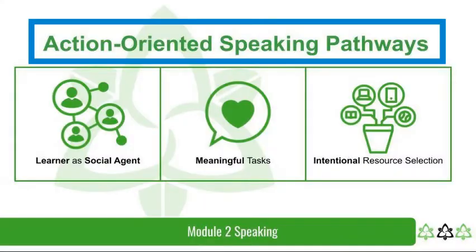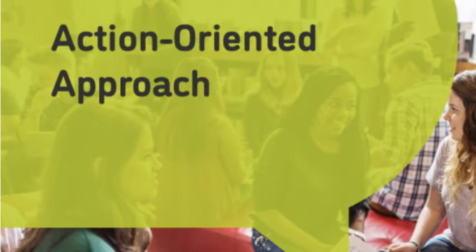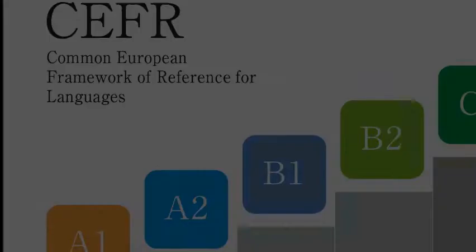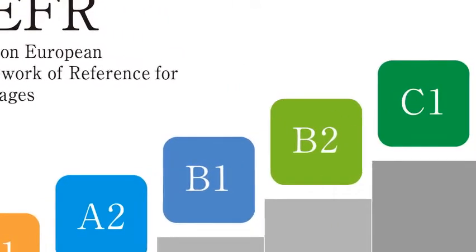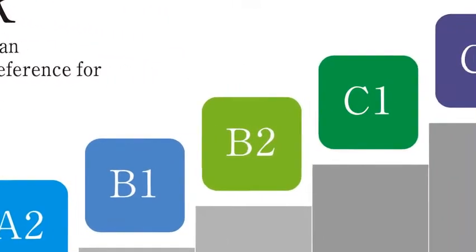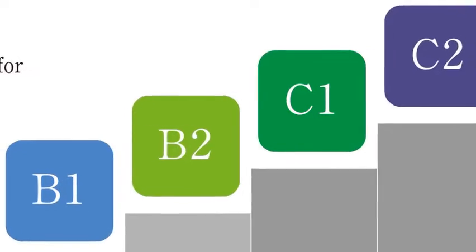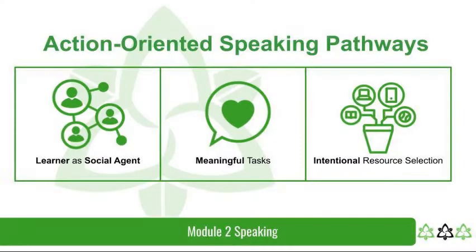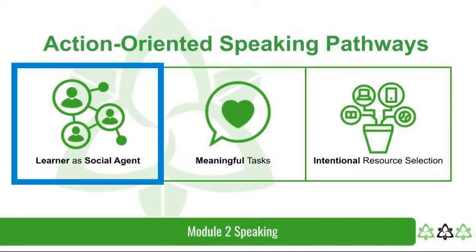The action-oriented approach to language acquisition views communication as a social activity designed to accomplish specific tasks. The CEFR emphasizes active language use, including spoken production and spoken interaction. It recognizes learners as social agents, i.e., active participants in the learning process.